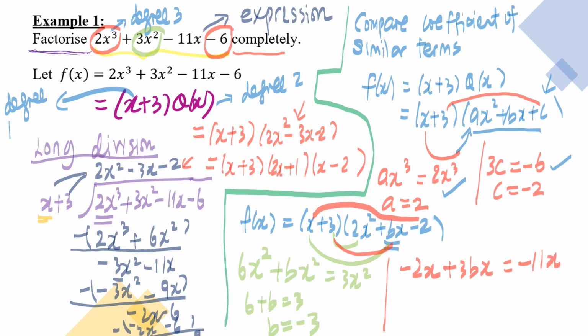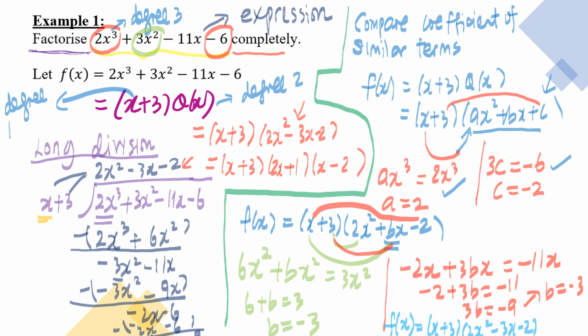You divide by x throughout, and you see that you will get the same answer. After doing that, you can put it back into your f of x, and you can factorize it completely.